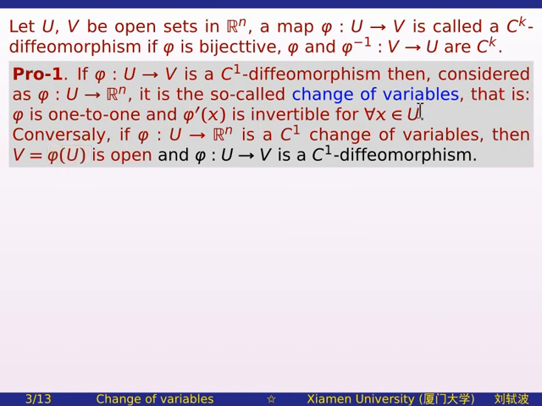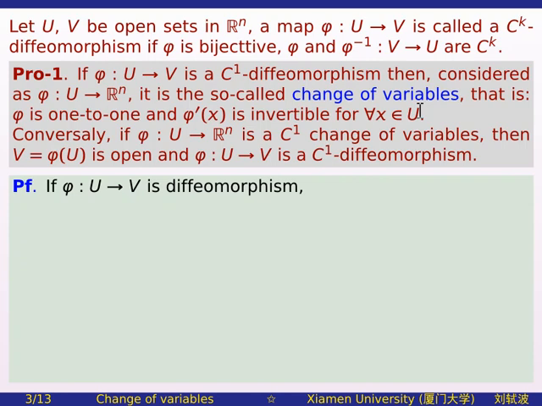This is quite important. Because our assumption is that phi is a diffeomorphism, of course this can be considered as a map into Rn. As a diffeomorphism from U to V, it is 1-to-1 and onto, or in other words, injective and surjective. Injective is 1-to-1.